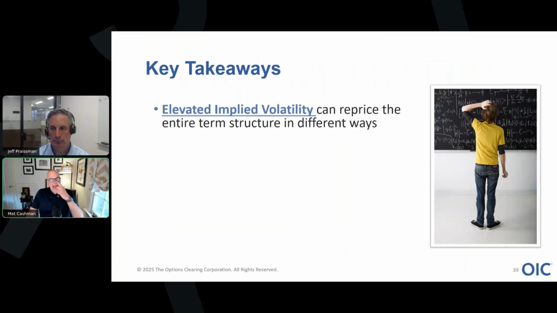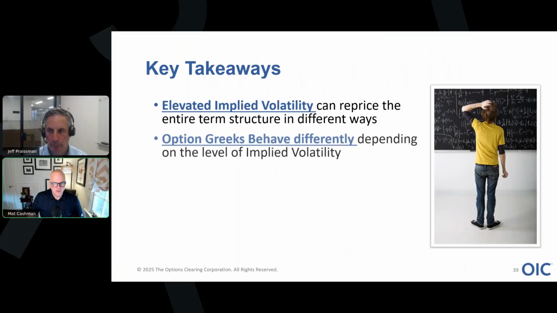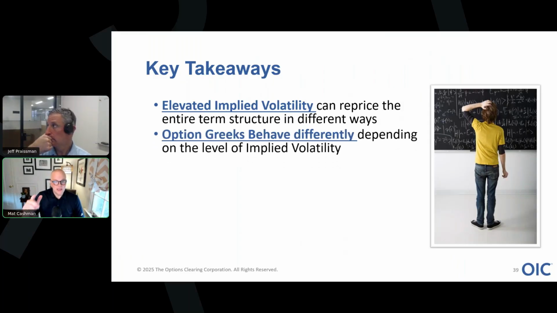Okay, let's talk about how you can think about this most broadly. Elevated vols can reprice the entire term structure in many different ways. Don't forget to look at the term structure as a way to interpret how the market is thinking about movement. Greeks that we just broke down, remember delta, gamma, and theta specifically, and how they are actually related to implied vol levels.